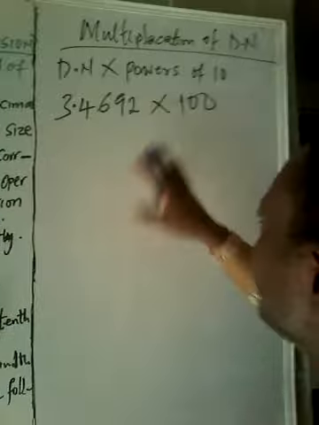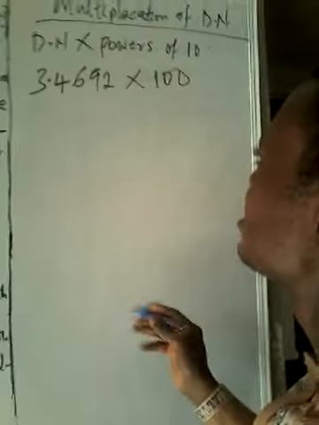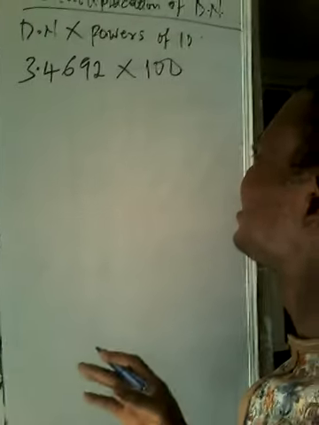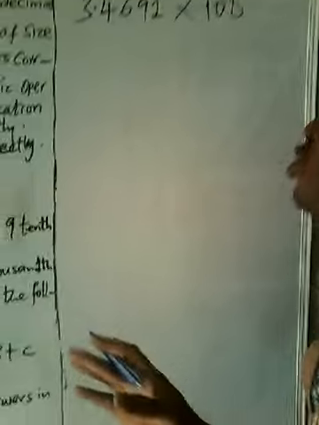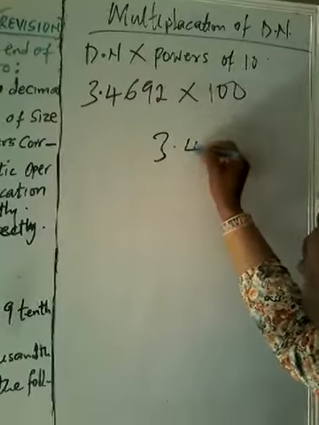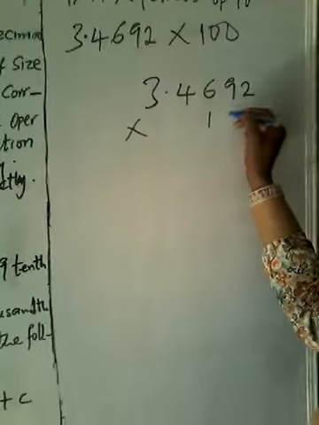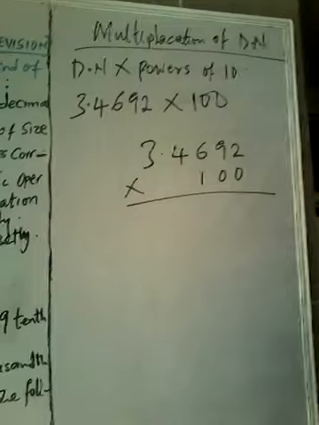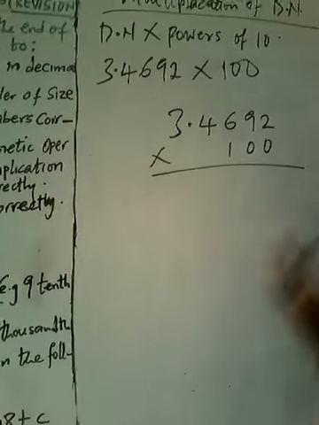the long way, and then when you do it, it will waste your time, and then your chances of getting the answer will reduce because you are prone to making mistakes. How do I mean? The analog way is by saying 3.4692 multiplied by 100. And so when you begin to multiply, confusions that will come your way will be number 1.